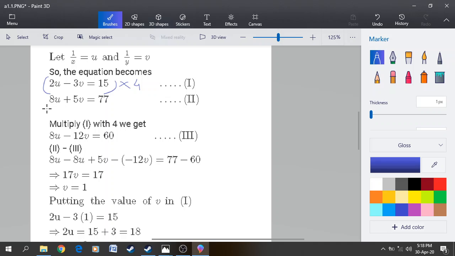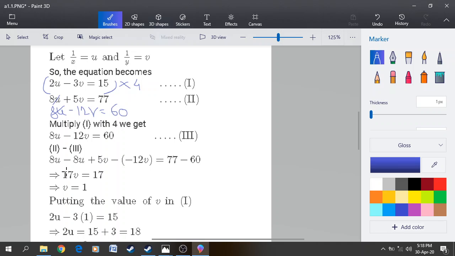And we are subtracting equation number 3, which is 8u minus 12v is equal to 60. I will write it here for simpler understanding. 8u will be cancelled. That's why we multiplied, to get it cancelled.